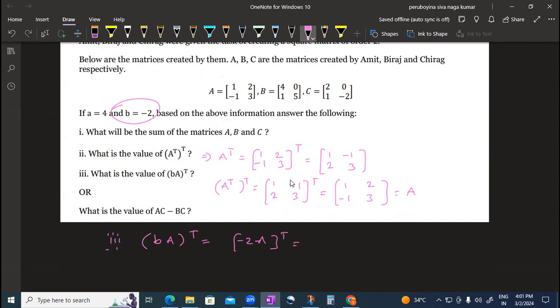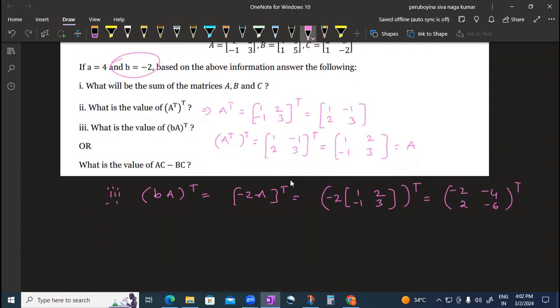So we will multiply matrix A with -2. 1, 2, -1, 3 and whole transpose. So -2, -4, 2, -6 whole transpose. Transpose means row into column. So the first row will be changed to the first column. The second row will be changed to the second column. This will be the answer.